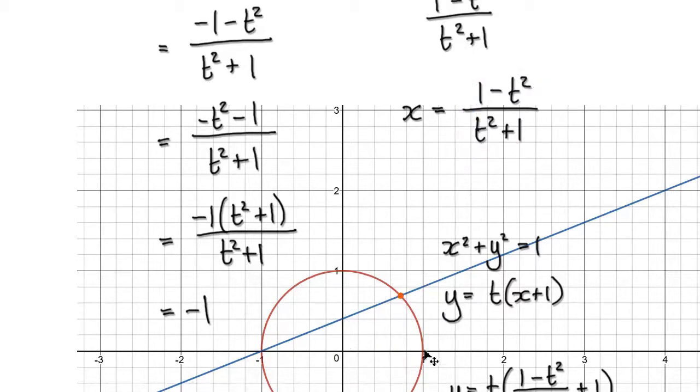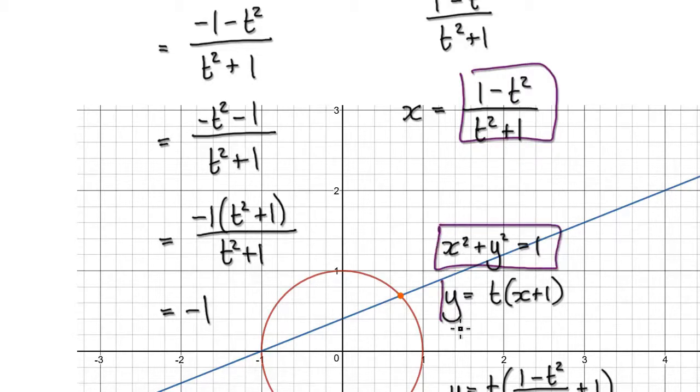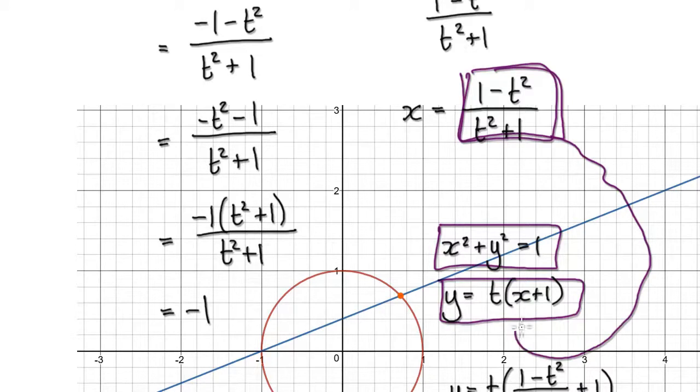Now if you want to know the y coordinate, once you've got your x, you put it back into the equation of our straight line from the start. That will then give you the y location.